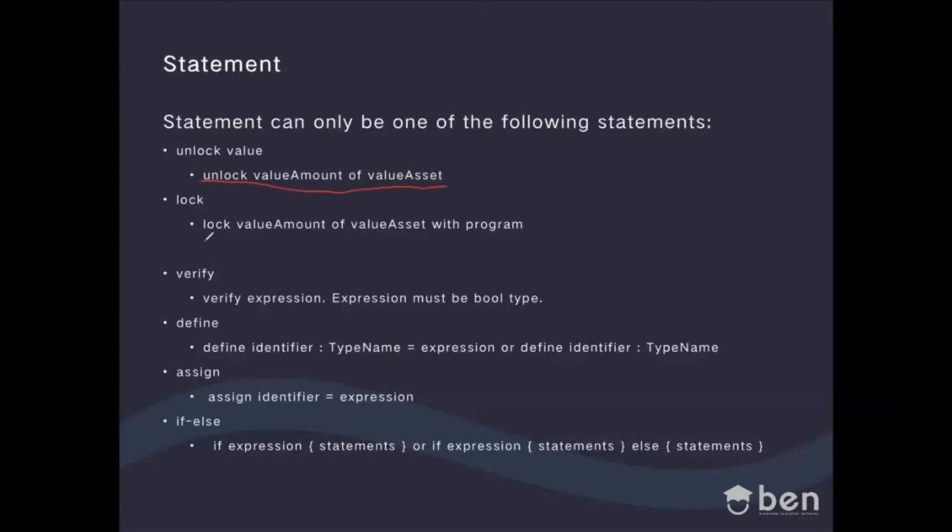And the second one is lock value of asset with a program. This means that the asset amount, say 100 BTC that you locked before, can only be unlocked by a certain person. One account can create one or multiple addresses, but one address is relevant to one program.